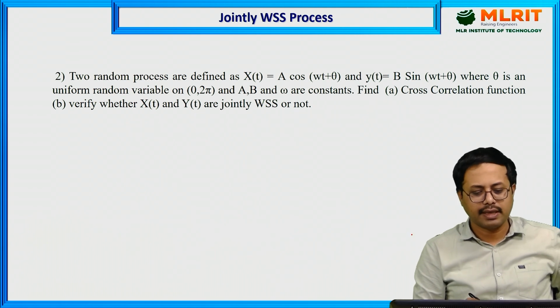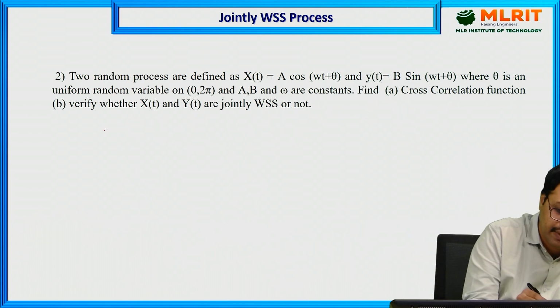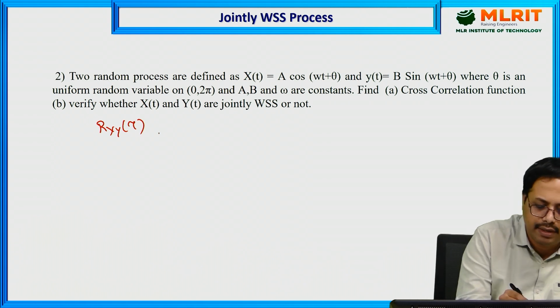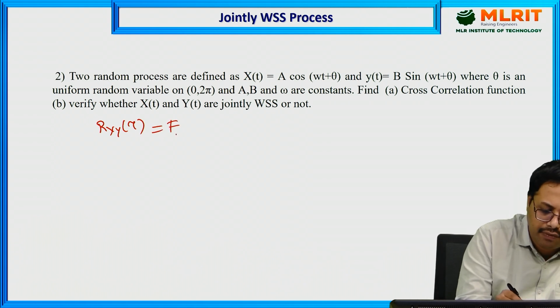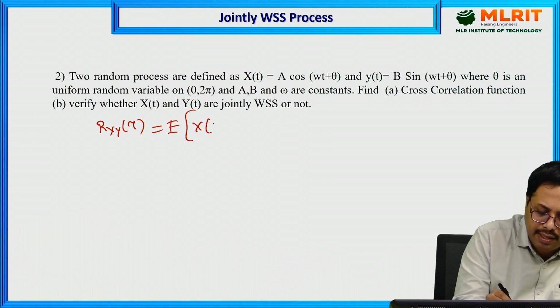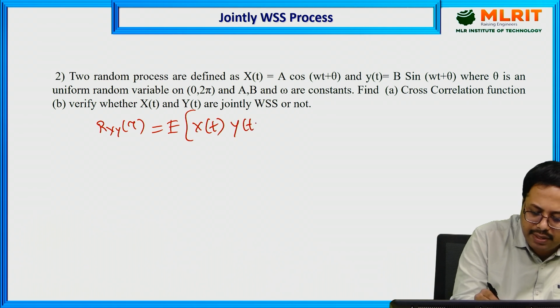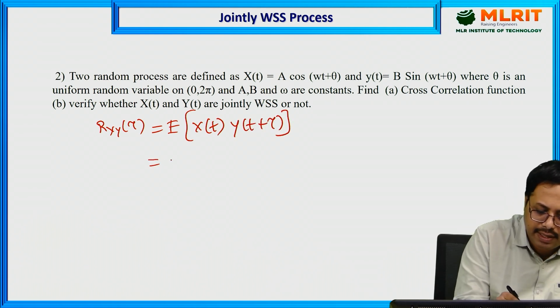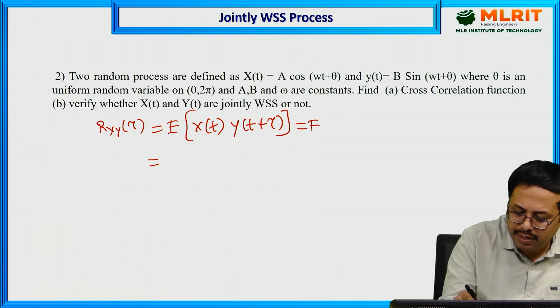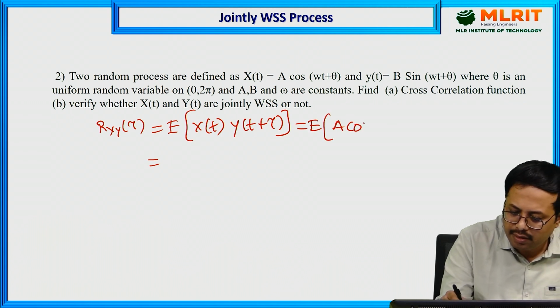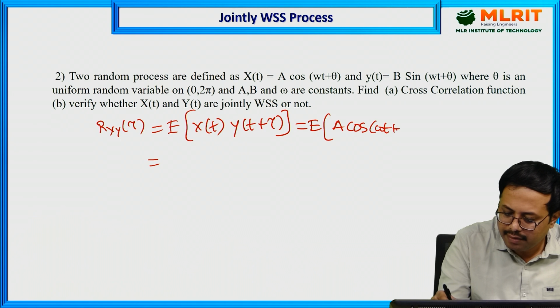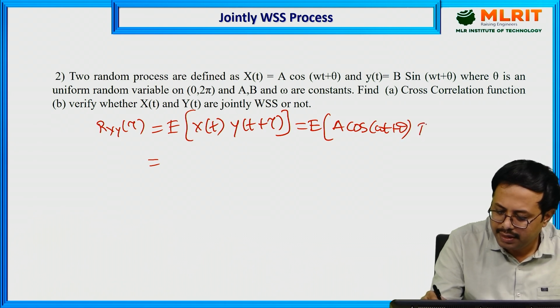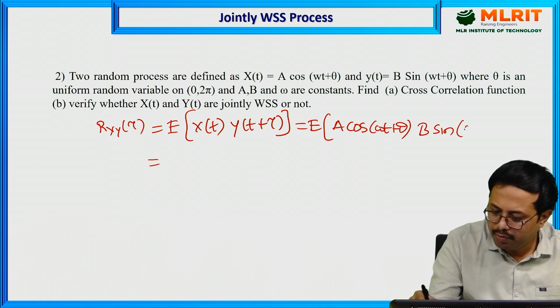Now the last condition: the cross correlation function must be a function of tau. You know the formula that Rxy of tau is equal to expectation of x of t y of t plus tau. Now substitute it: expectation of A cos(omega t plus theta) times B sine(omega t plus tau plus theta).